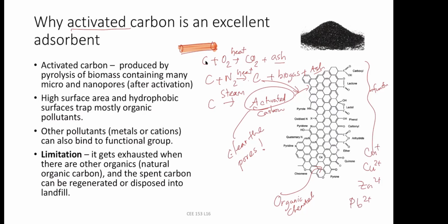All these positively charged, they are going to stick around with this negative charge, like the functional group, the O. So this oxygen functional group will bind with these positively charged metals. So that's why activated carbon can remove different types of pollutants.